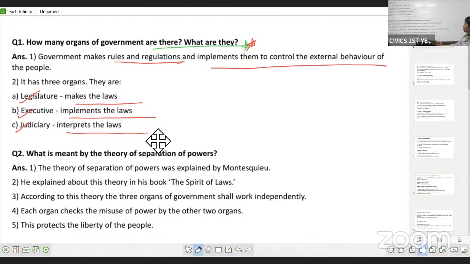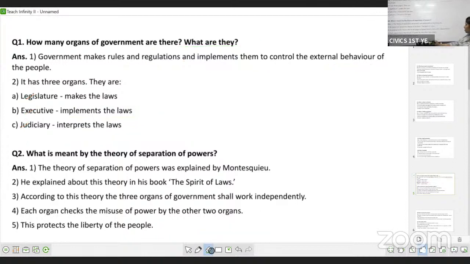If it is not according to the constitution, then those laws can be declared invalid by the judiciary. So, the judiciary interprets the laws. The legislature makes the laws, the executive implements the laws, and the judiciary interprets them. Repeated question.